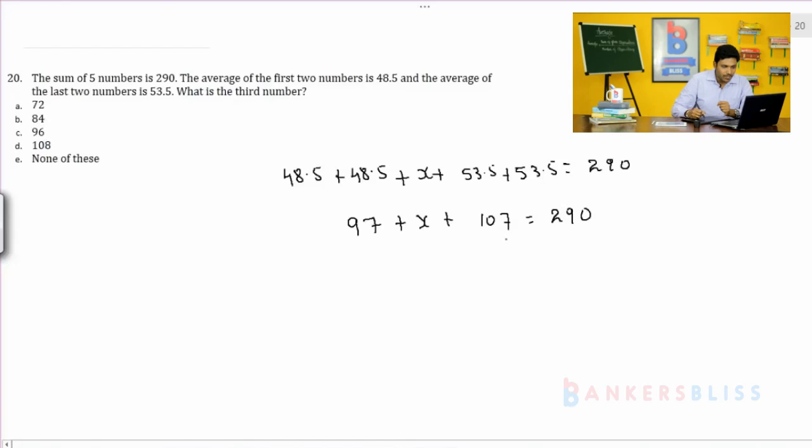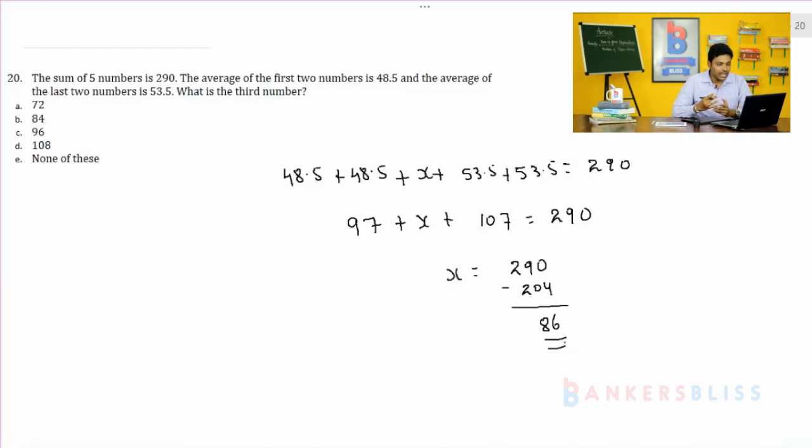So 107 plus 97 is 204. Then 290 minus 204 is 86. So the answer is 86, option E, none of these. For problem 20, the answer is 86.